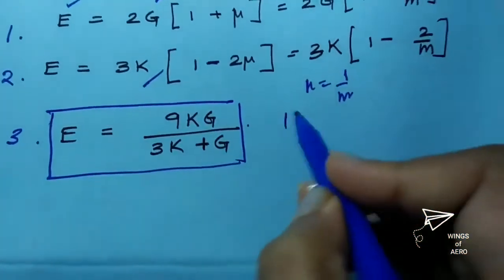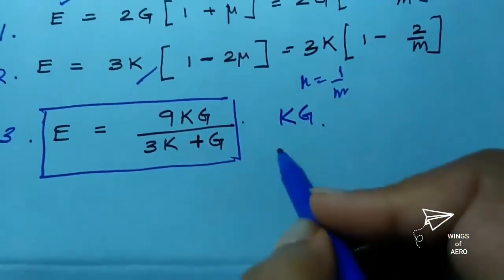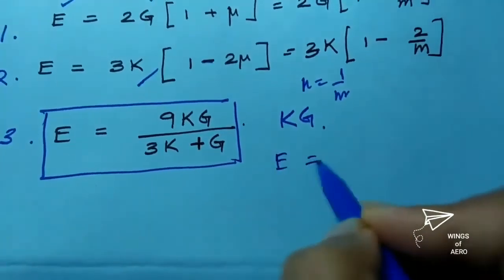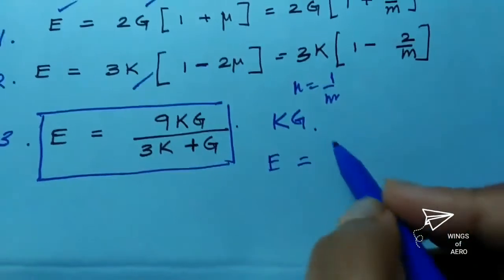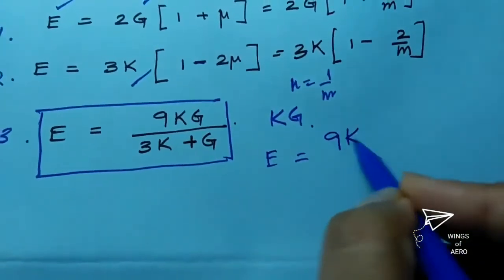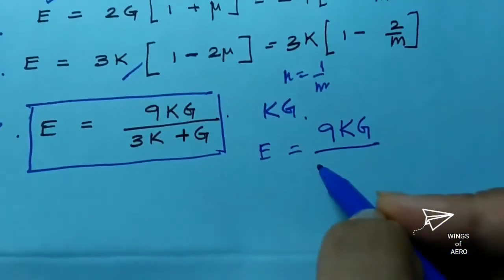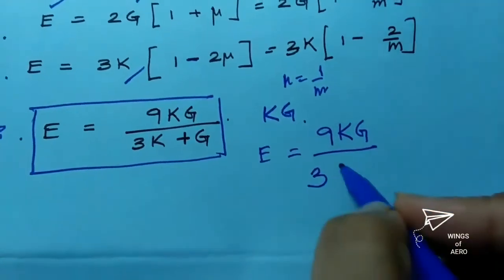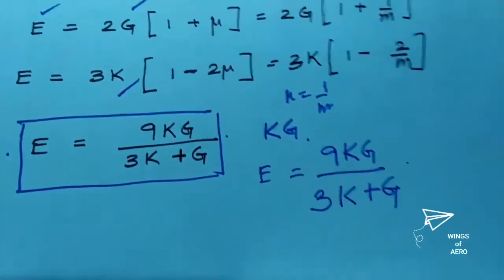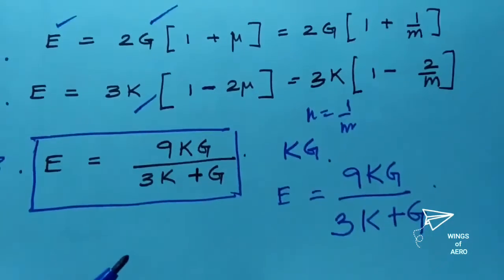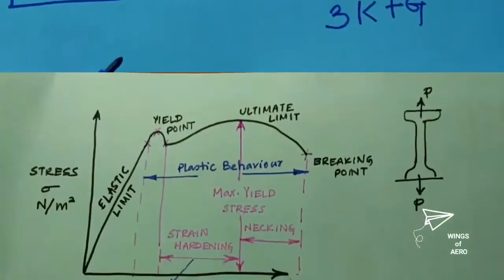You remember the word kg. Here also E equals 9 kg, and 3 squared is 9, so 3k plus g. This is the way you can remember this formula easily.